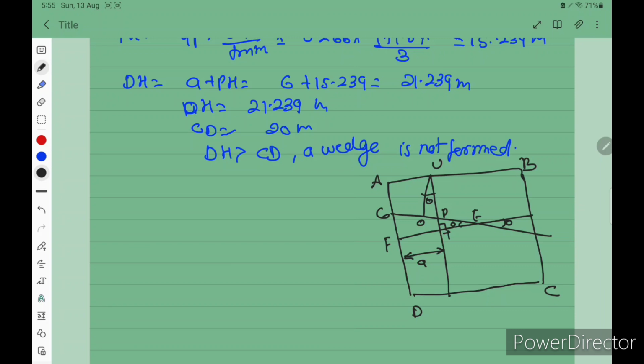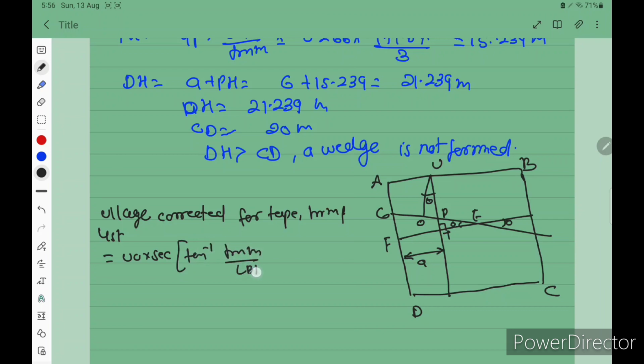Okay, now put the value. Ullage corrected for tape, trim and list. So Uc is equal to UO into sec theta inverse, trim by LBP, plus L by 2 minus A, trim by LBP, plus or minus B tan theta.